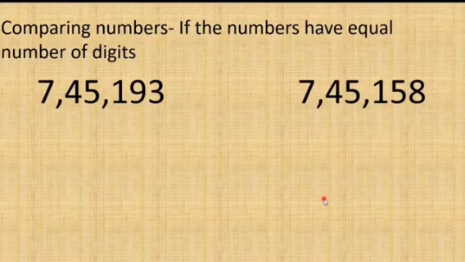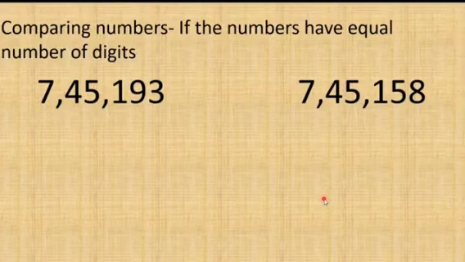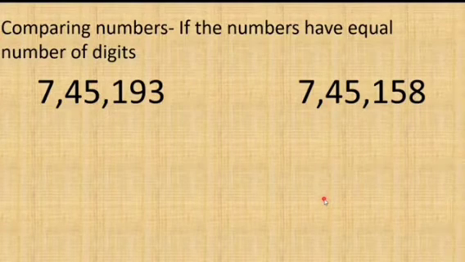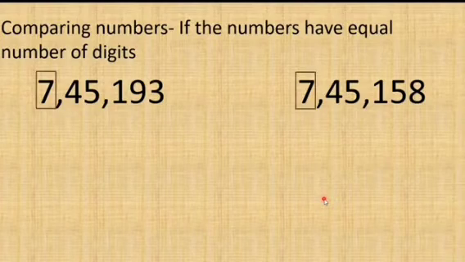Now, the problem arises only now. If the number of digits are equal in the numbers, then how do you compare? As the rule says, start comparing from the leftmost digit. So the first digit is 7 here in both the numbers. We start comparing 7.